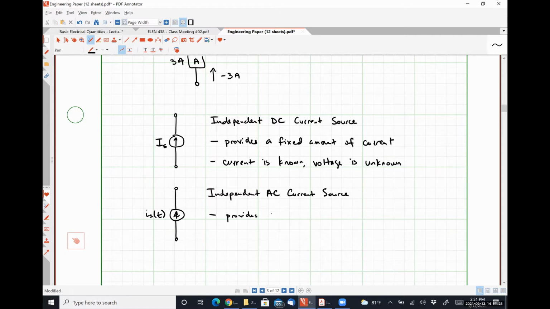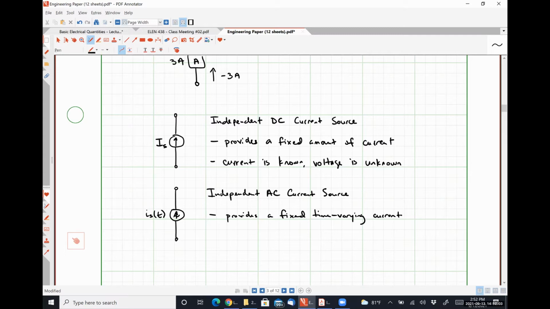And it provides a fixed time varying current. So what I mean by it provides a fixed time varying current, because that might sound a little strange, is let's say if this was a sinusoidal source, it would give a sinusoid having a particular magnitude at a particular frequency and a particular phase angle, regardless of what is connected to it, right?